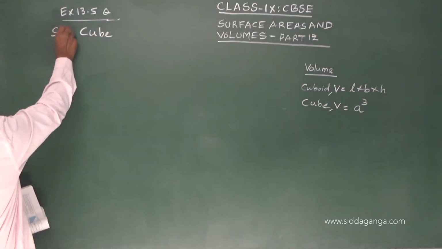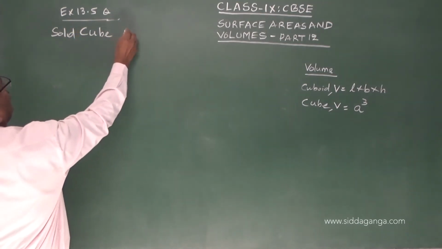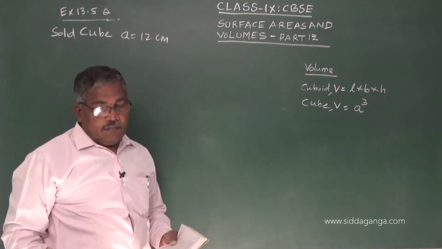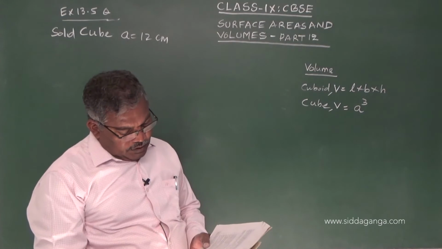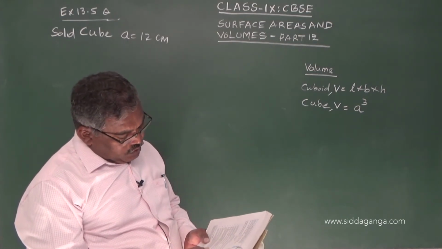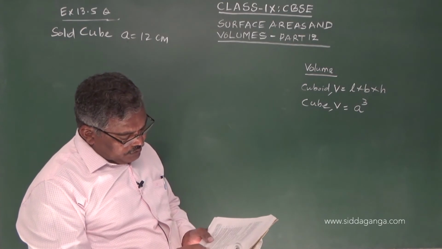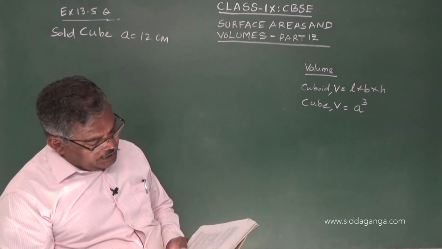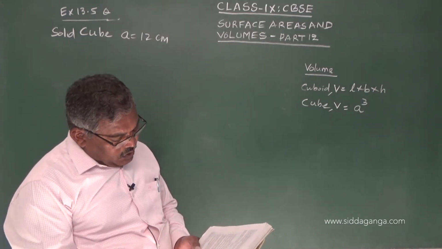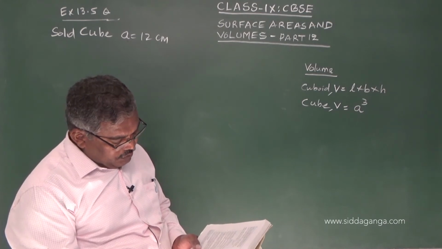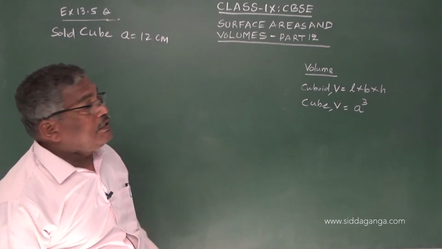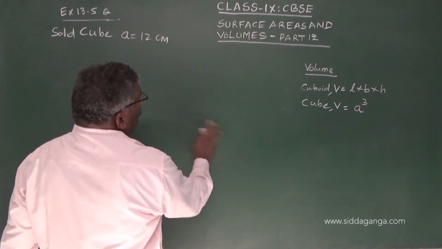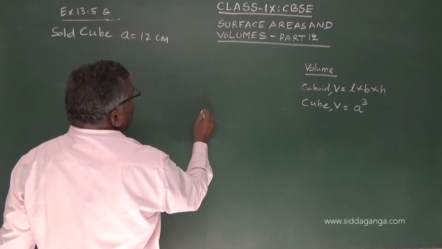A solid cube of 12 centimeters is cut into 8 cubes of equal volume. What will be the side of a new cube? Also find the ratio between the surface areas. So here you understand the problem. We have a cube of 12 centimeters.